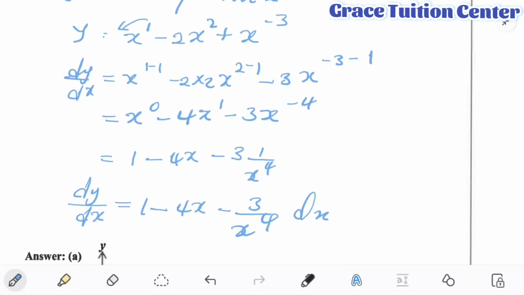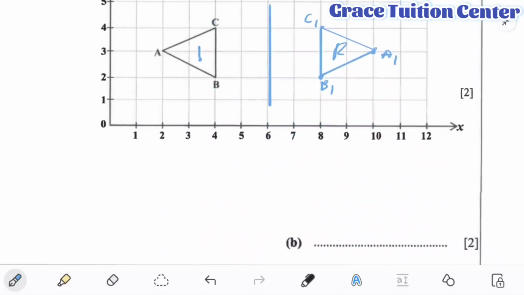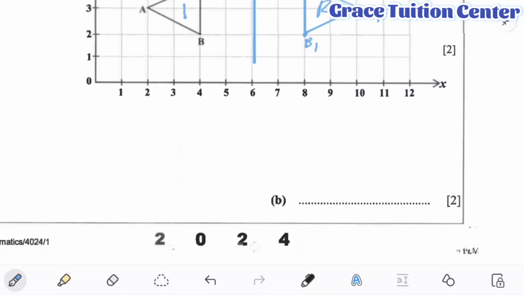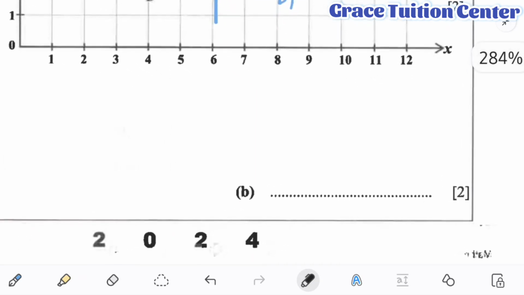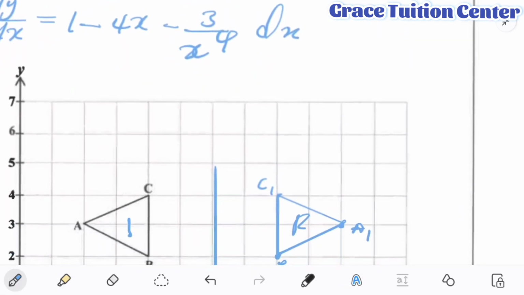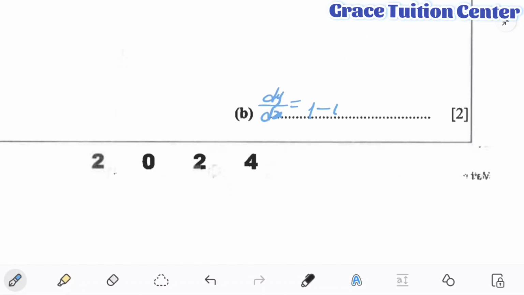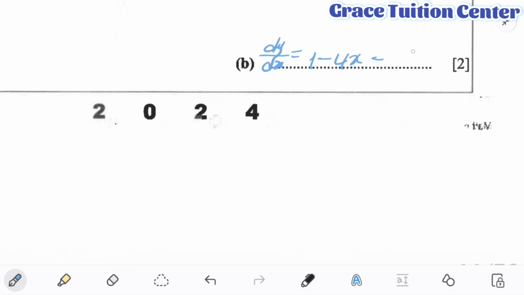Is that okay? Yeah, so you can come and write your answer here for question B. You can put your answer here. When we say dy/dx, let me use y prime. dy/dx is equal to, we have 1 minus 4x minus 3 over x to the power 4.